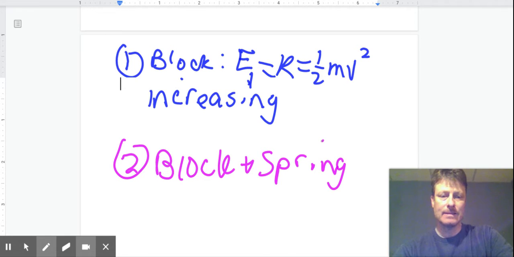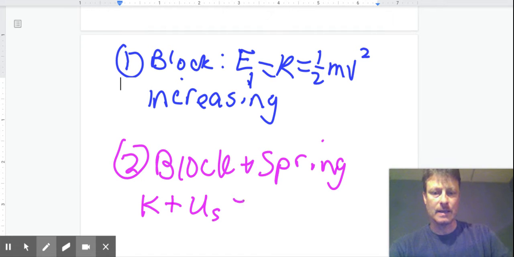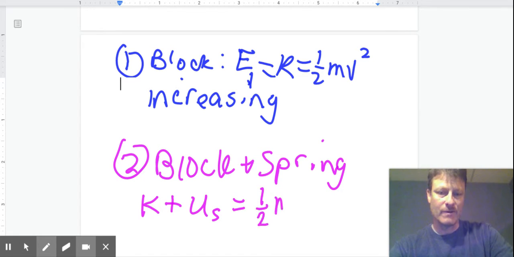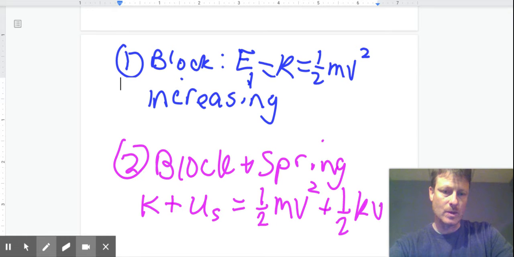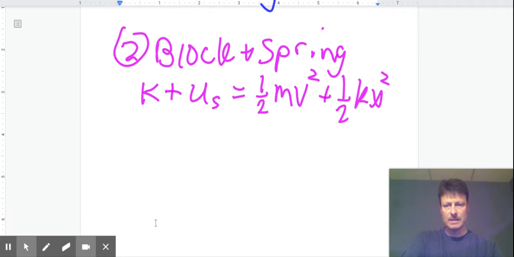In that case, that's going to have the kinetic energy of the block plus the energy in the spring: a 1/2 mv squared and a 1/2 kx squared, which is the potential energy in the spring. Let's come back to whether it's increasing or decreasing in just a little bit.